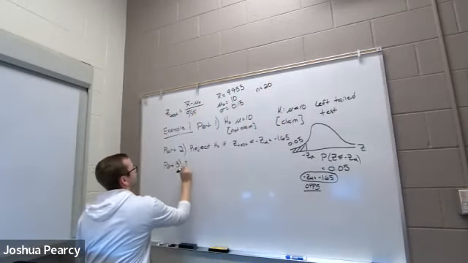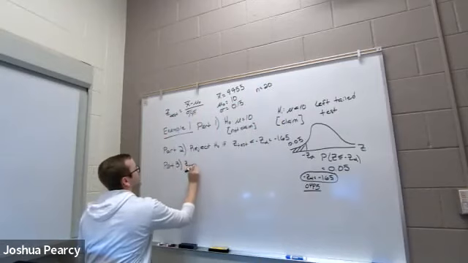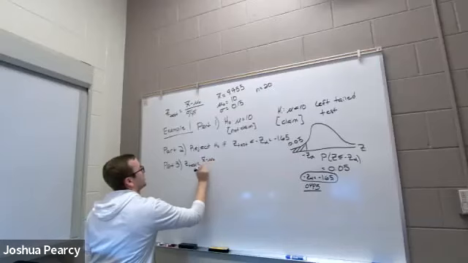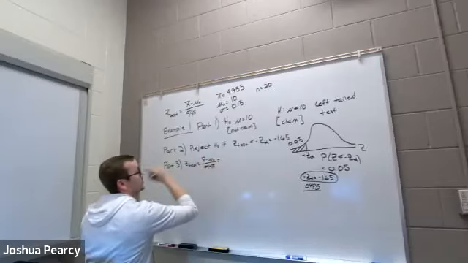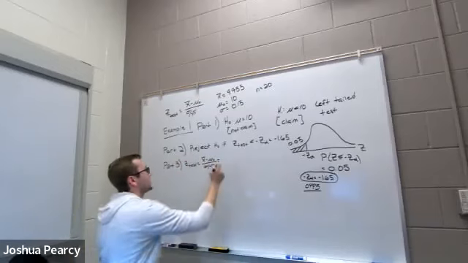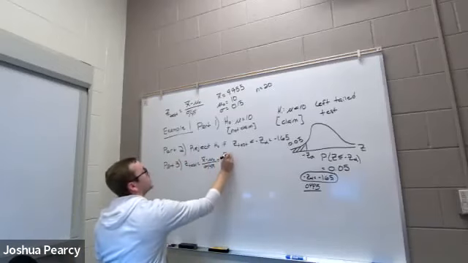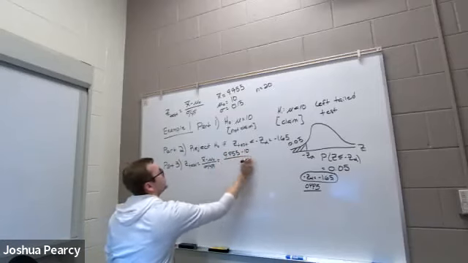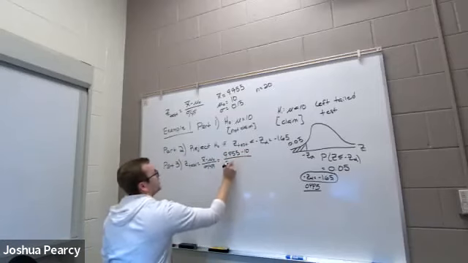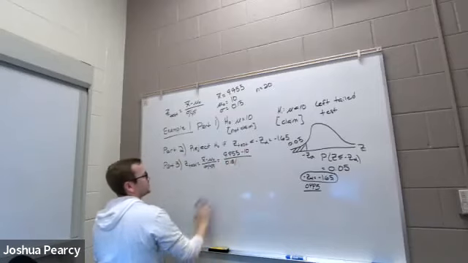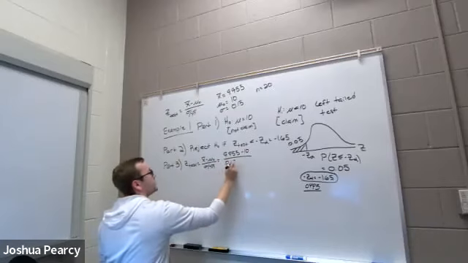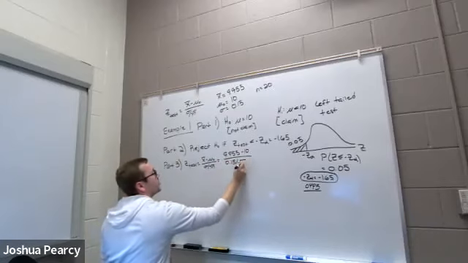Then the z-test, I'll just write it all out, is equal to X bar minus mu naught over sigma over the square root of n. Then plugging in those numbers here, we have 9.955 minus 10 divided by 0.15, to make it more clear, 0.15 divided by the square root of 20.